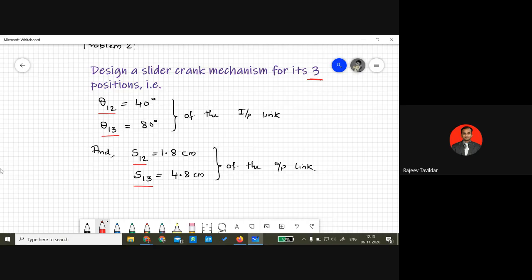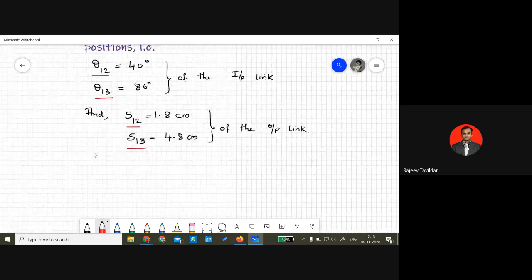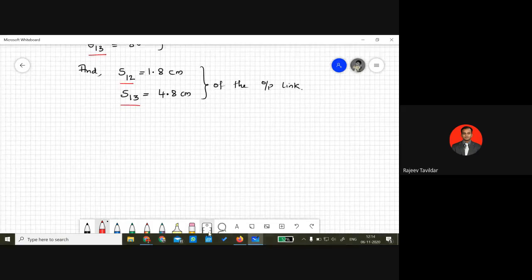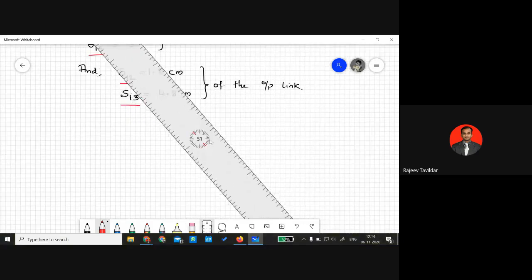So first, let me try to draw the rough sketch of this data and see how it fits. Then we'll analyze what changes we need to make. Okay. So as of now, see, this is not a graphical method. This is totally analytical method. So the sketch that I'm drawing, it need not be of the exact dimension. I'm just drawing the sketch for our visualization purpose.